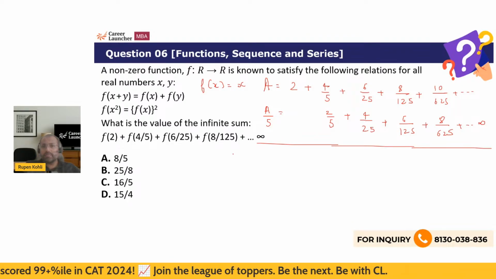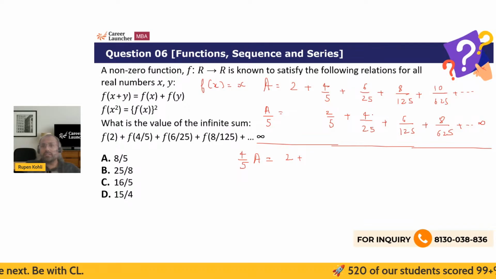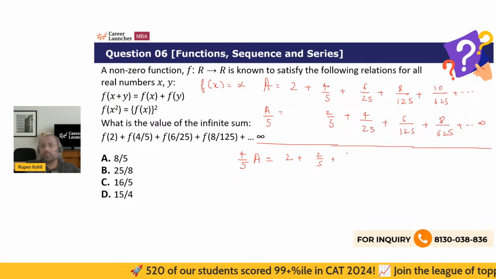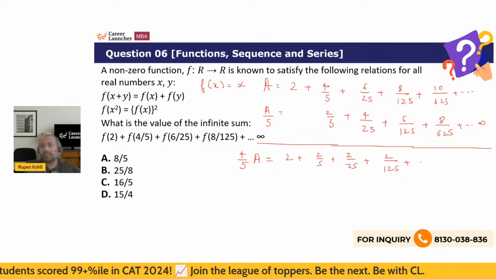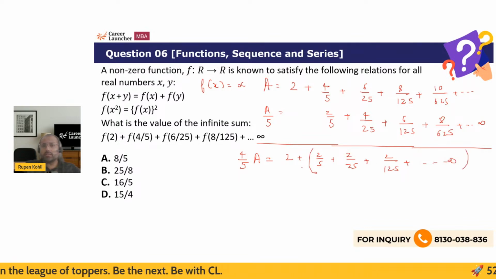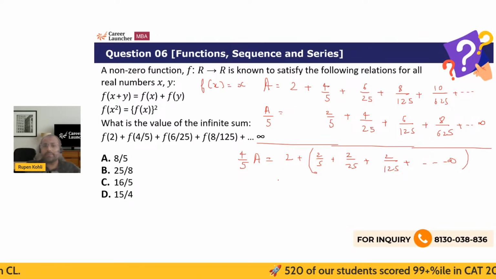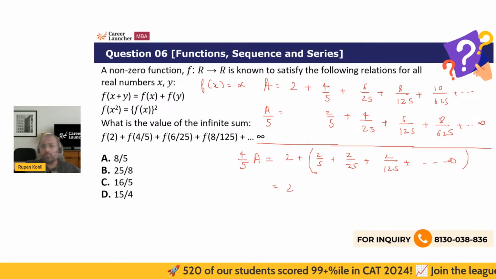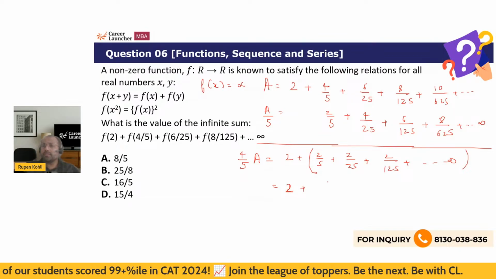So now on subtracting, we will get a very simplified expression. A minus A by 5, which means 4/5 of A, is therefore 2 plus, now all the numerators will become 2 on subtracting, so 2 by 5, 2 by 25, 2 by 125, and so on till infinity. So this summation is an infinite GP. That 2 is a separate term, not a part of this GP. The GP starts from here. So 4/5 of A is 2 plus the infinite sum of GP, first term upon 1 minus common ratio.